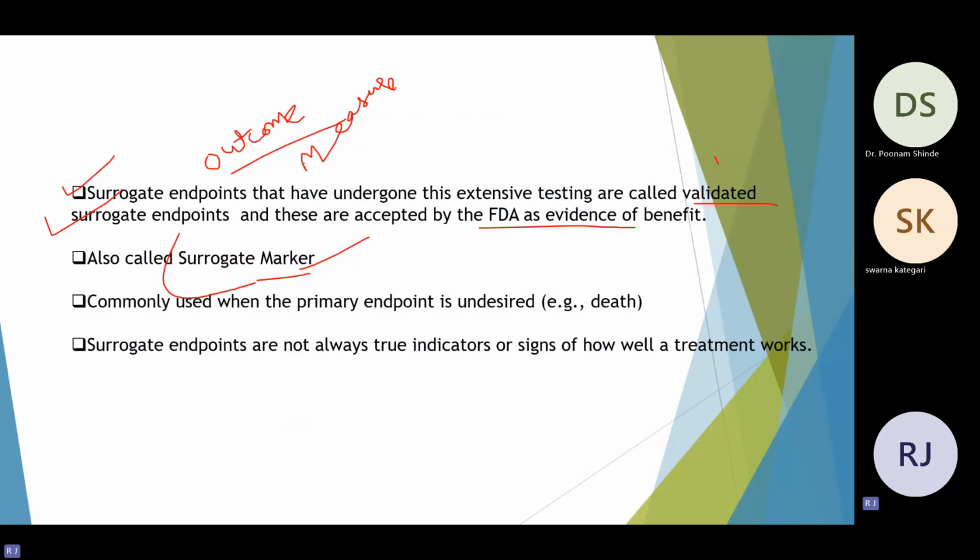So till now we learned about discovery, preclinical, phase 1A, phase 1B, phase 2A, phase 2B, primary objective, primary endpoint, secondary objective, secondary endpoint, and surrogate endpoint.